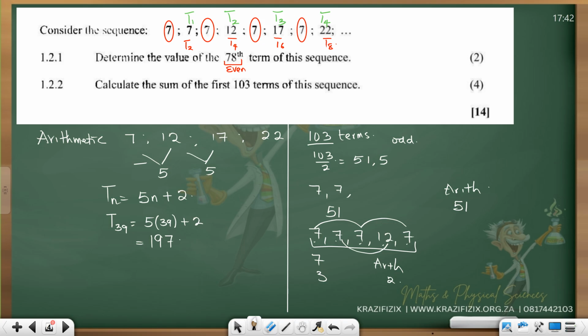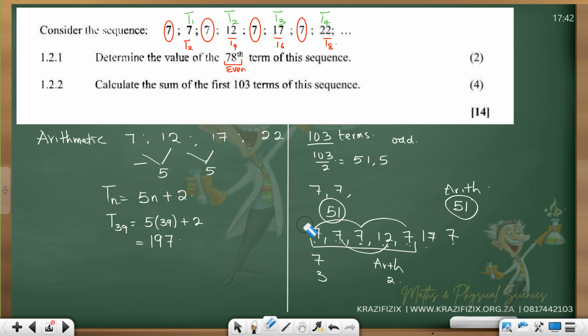So if I say 103, I have 51 sevens and 51 what? Arithmetic. Now that is 102. Which one will be the next one? It's a 7, because 7 is the first one. So 1, 2, 3, 4, 5. If I add another one again, I'll have my 6, 7.